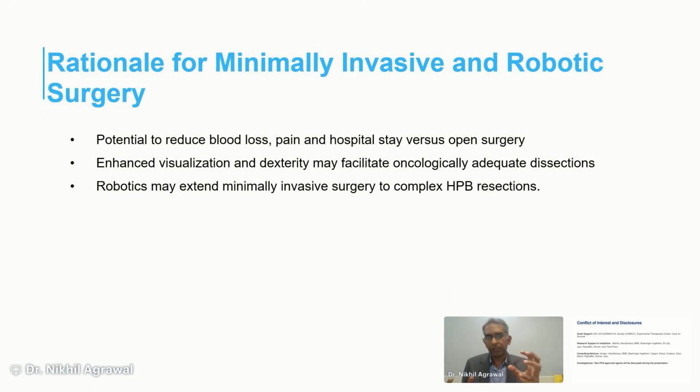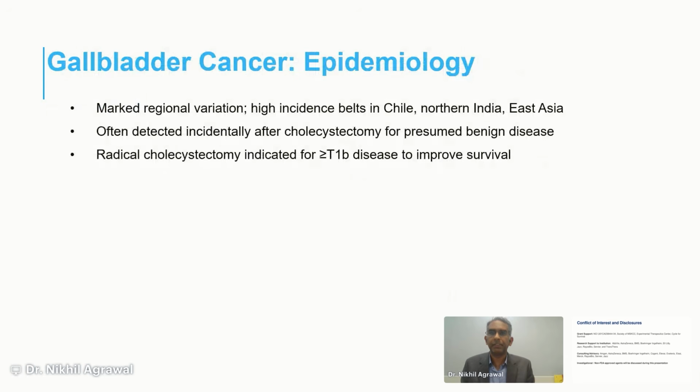The robotic arm is almost like your arm, so it has 360-degree movement, and plus it gives you stability, so it filters out all the tremors or unintended movements, and then you can very finely do the dissection. With the combination of these two factors, we can very well do these complex surgical procedures with minimally invasive technique.